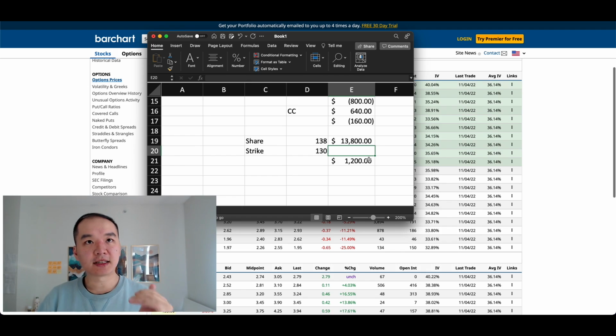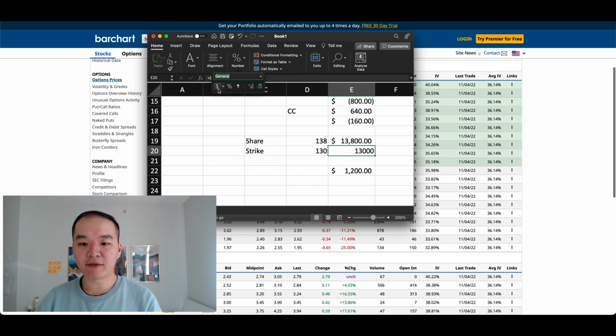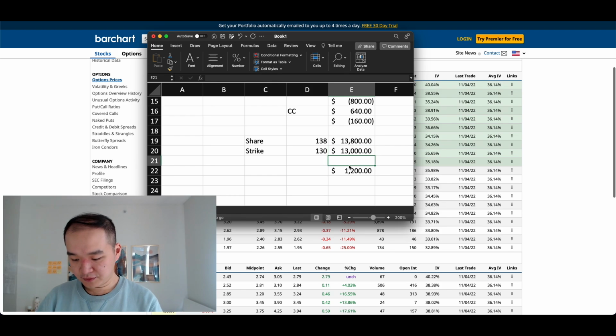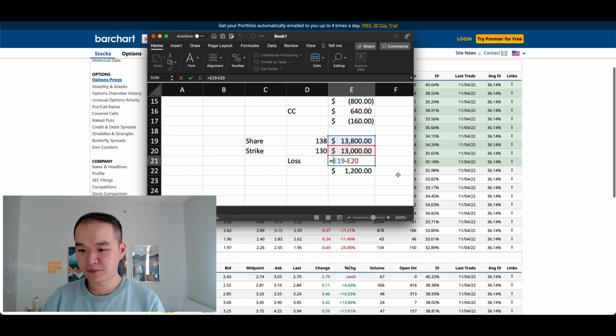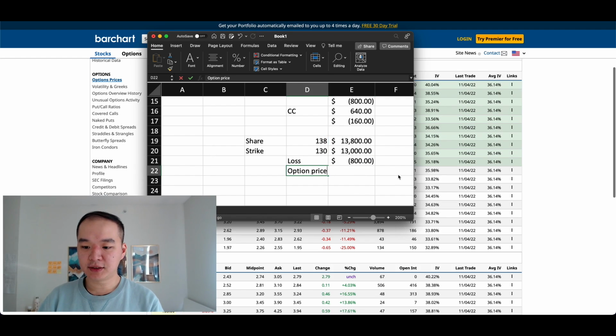So that means as long as the stock price stays above 130, you'll be selling the shares at 130. That's what the option contract means. You already have a loss of $800. So that means, let me just fix up the sign for you. Option price.